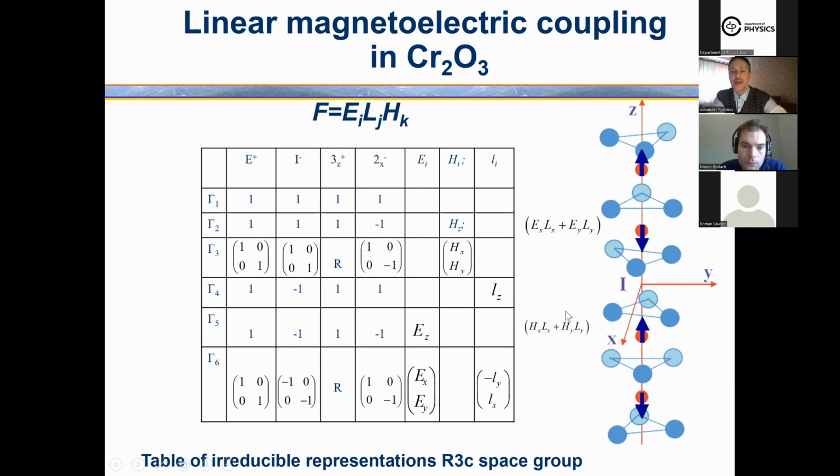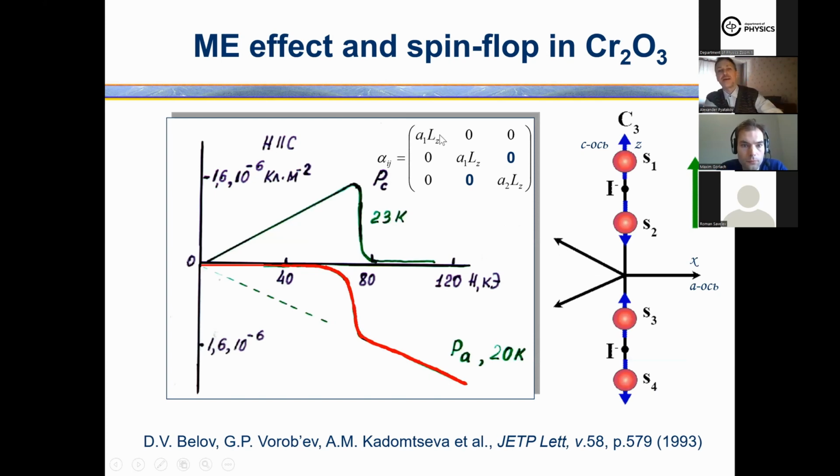And in this case, you can reconstruct the matrix of the magnetoelectric effect. You can see here, for example, these are diagonal terms that are proportional to the antiferromagnetic vector component along the principal axis. Of course, by the phenomenological approach, you cannot find exact numbers of A1 and A2, but you can reconstruct the form of the magnetoelectric tensor.